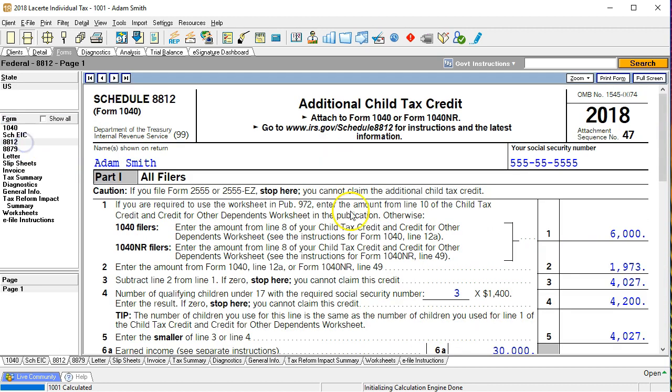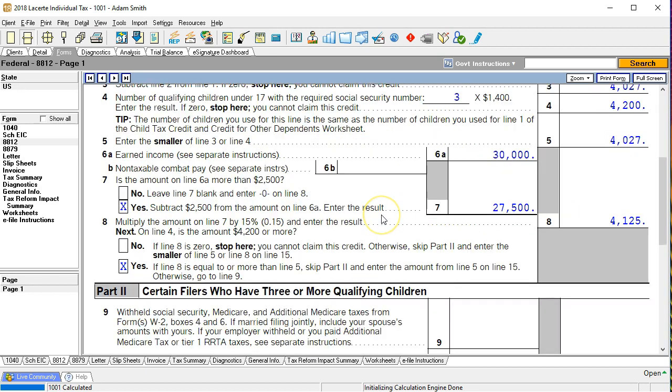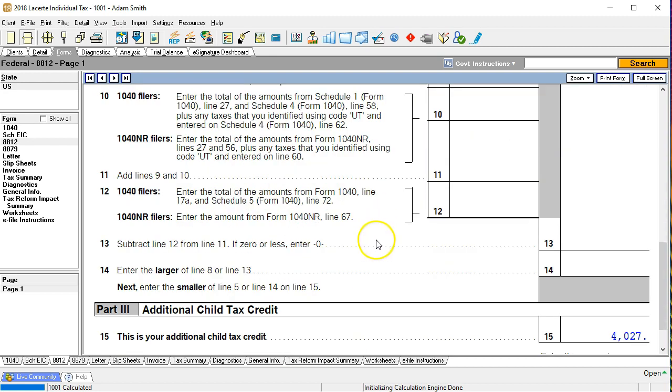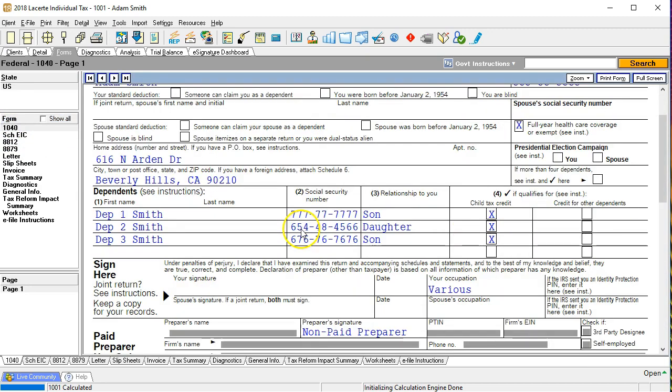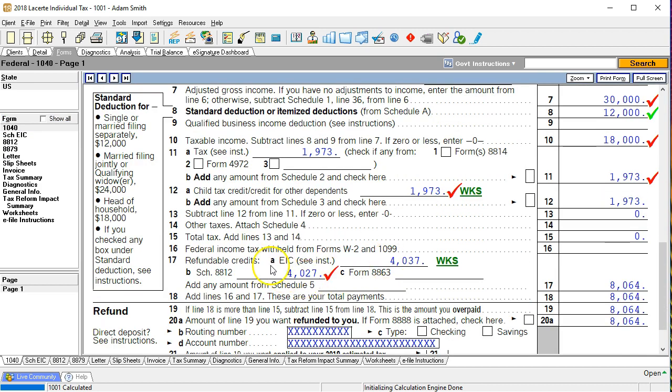So here's form 8812 now, where we go through, and this is the additional child tax credit of the 6,000, and starting at that point, the 3 times the 1,400 would be the max amount of the additional child tax credit in that case, and you can go through the calculations there to get to the additional child tax credit. Those are then reported on the 1040. So the 1040 child tax credit is line 12, and the additional child tax credit is the 8812.